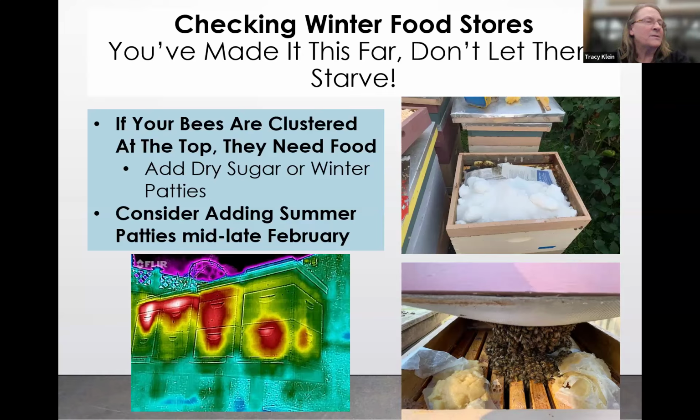And the thinking goes that if you want to start building up quicker for the blackberry bloom, which is our number one flow, which can be early, then if you start feeding pollen patties in February, they'll brood up faster and earlier, and then you'll have more bees to forage in June. Or split or swarm away.